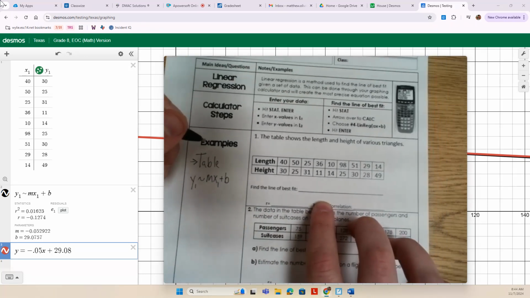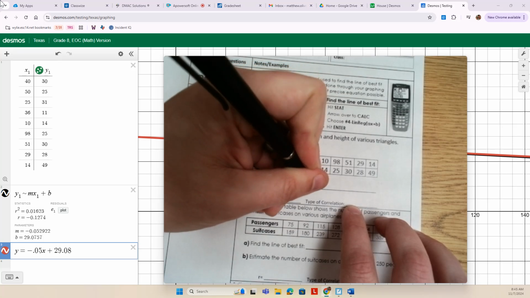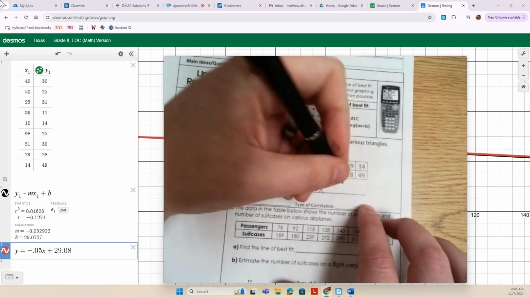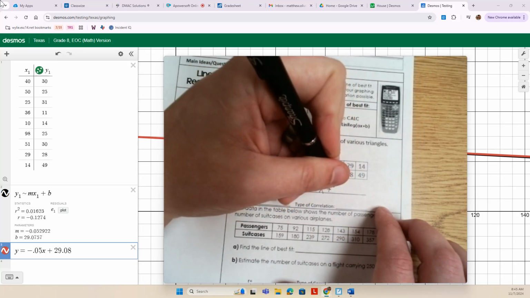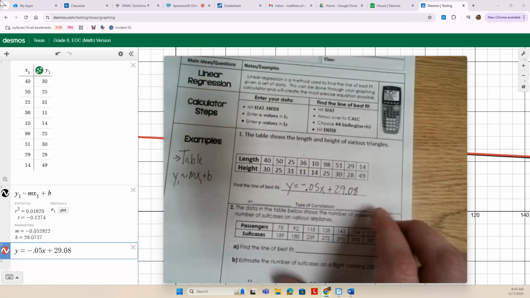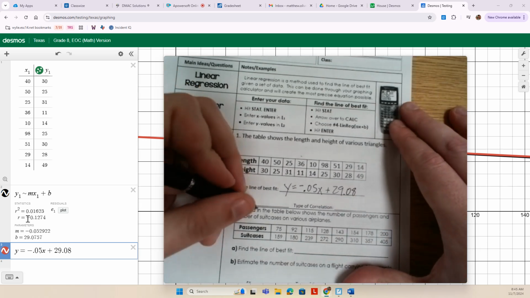So our line of best fit, y equals negative 0.05x plus 29.08. And then you'll notice we have this r value here that it's asking for. So r equals negative 0.1274. Let's go ahead and write that down and talk about what it means.